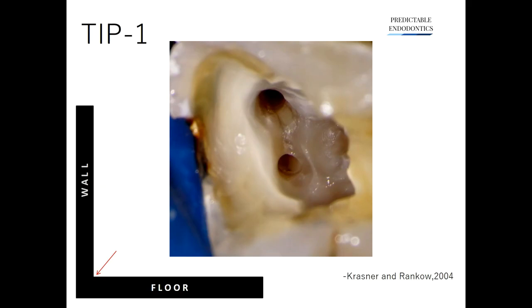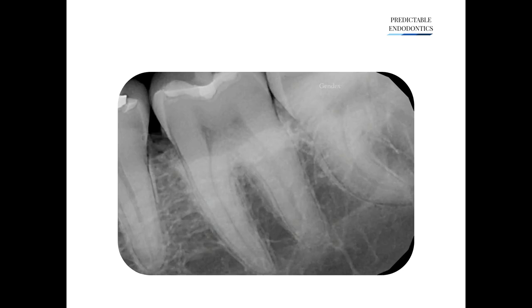The floor is always darker than the wall of the pulp chamber. When I say all the canals are located at the junction of the floor and the wall of the pulp chamber, it only means that all the canals will be found at the junction where these lines intersect.